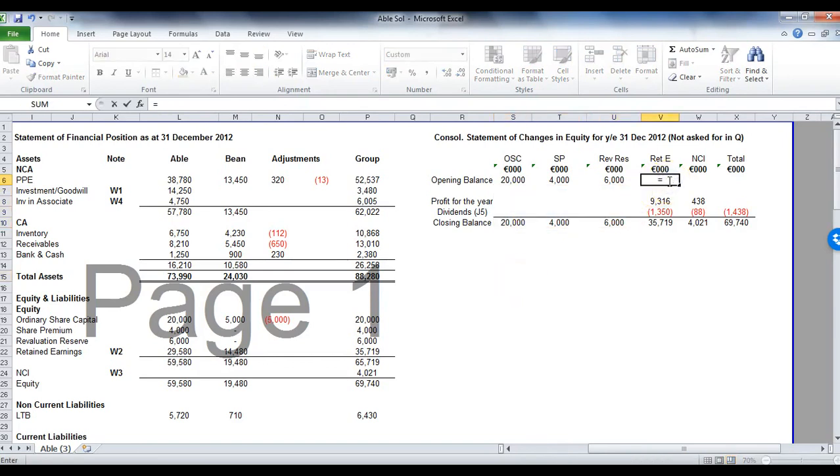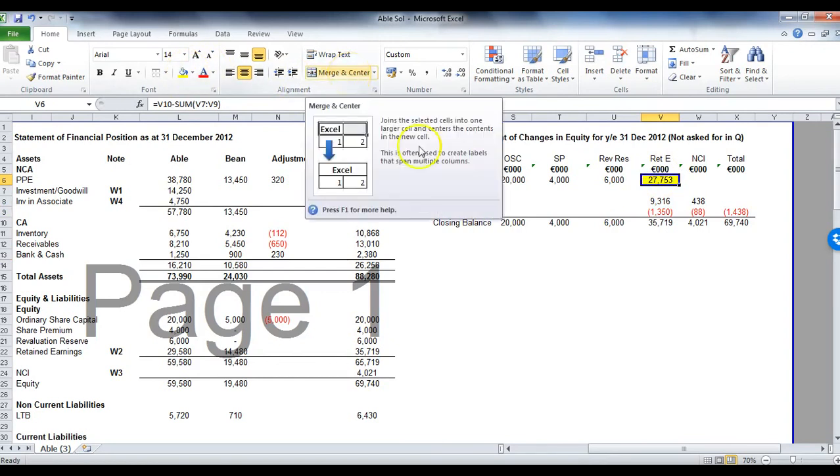Now for retained earnings, we said we started off at 35, and you take off the sum of the movements. If we had those movements during the year, we must have started with 27,753, because when we add all of them together, we get to 35,719. And we will prove that in a second, that 27,753 is correct.